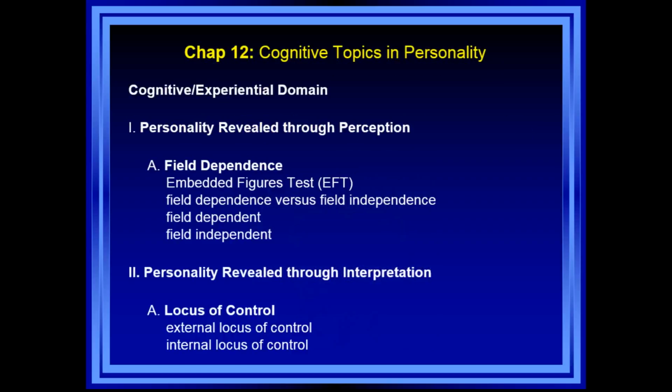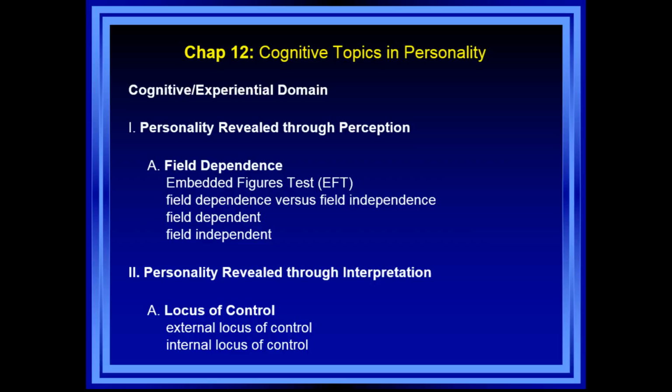So what happens here is that we are going to leave the intrapsychic domain and go into the cognitive experiential domain. So we're going to look at how personality develops from a different perspective or a different domain, the cognitive experiential domain.